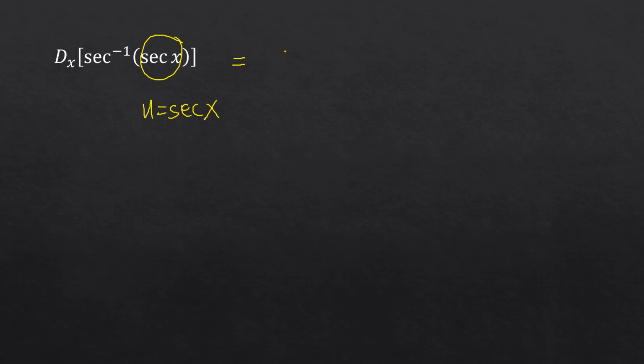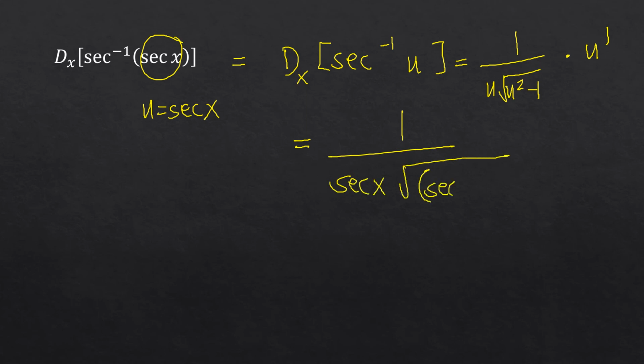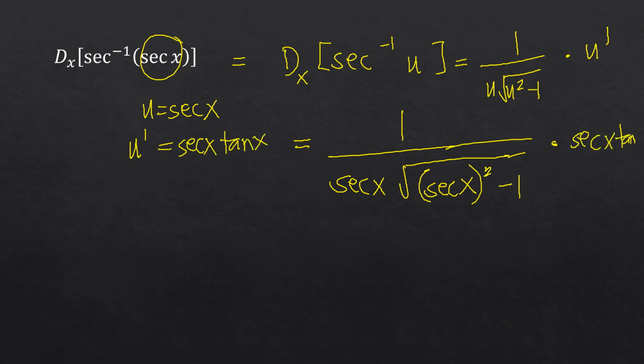Therefore, we have the derivative of inverse secant u, which is equal to 1 over u square root of u squared minus 1 in the formula, multiply that to u prime, and now replace u into secant x, so we have 1 over secant x times square root of the square of secant x minus 1 times u prime, which is equal to secant x tangent x, so multiply that to secant x tangent x, and here we can observe we can cancel out secant x here.